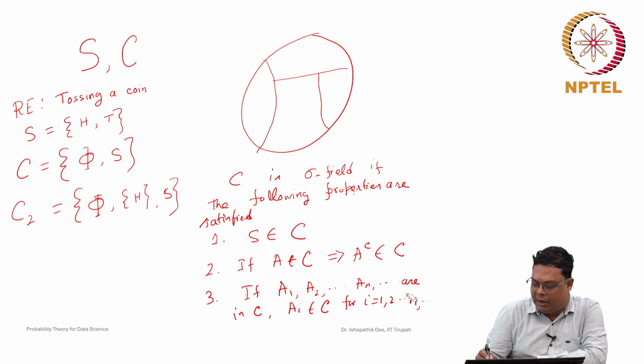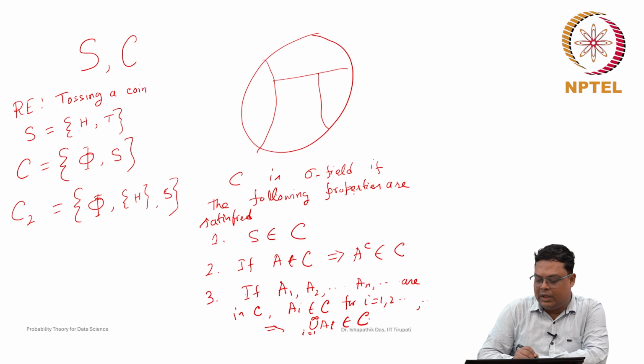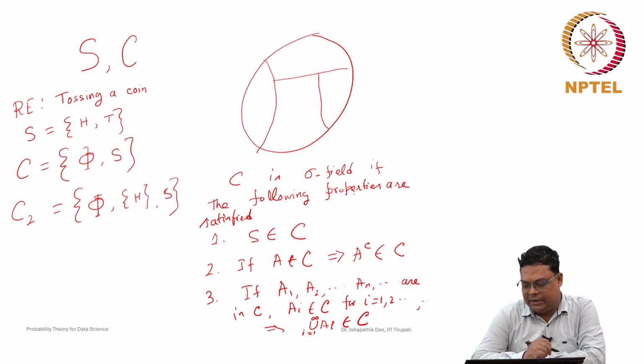So, not only up to n, it is up to infinity. So, this is a countably infinite collection of subsets of S, and those are inside C. If so, then the union of Ai, i equal to 1 to infinity, also belongs to C. So, those are the three conditions.